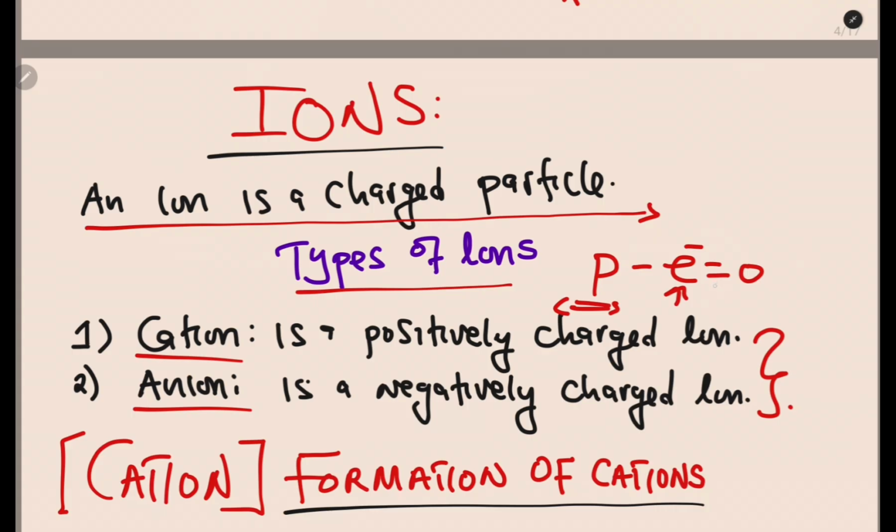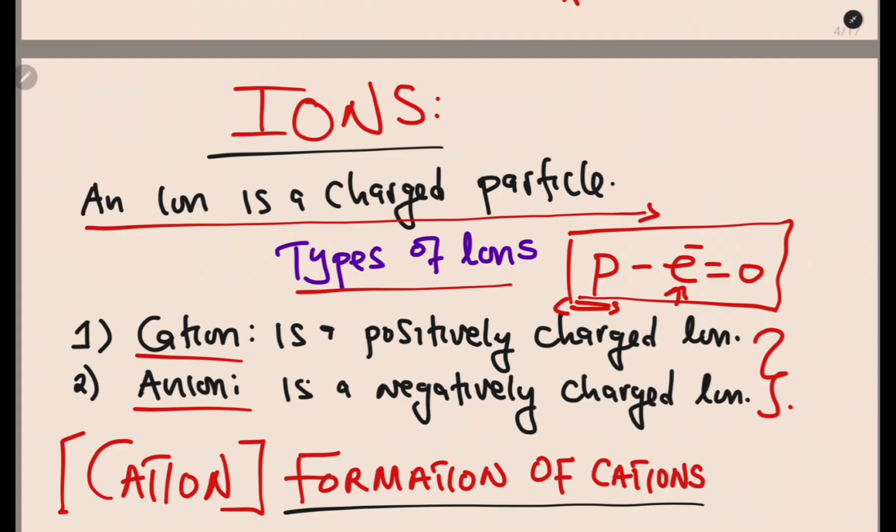When it gains electrons, the number of electrons increases. When it loses electrons, the number of electrons decreases, which means you have more protons than electrons. But when it gains, you have more electrons than protons. I think I'll use this part more as we look at the formations of ions.